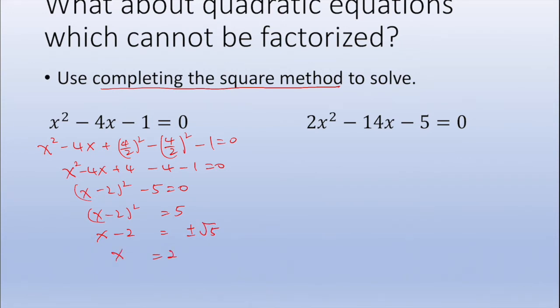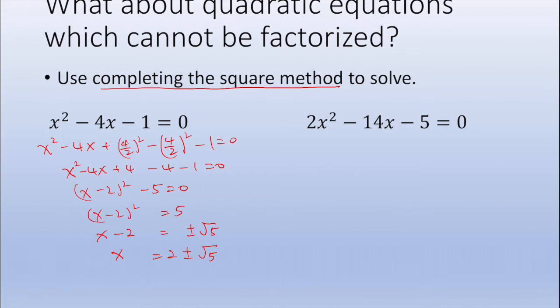So therefore x equals 2 plus or minus square root of 5. Now it depends on the question. Sometimes you are asked to give the answer in decimal places, or sometimes you can just leave it as an exact value.